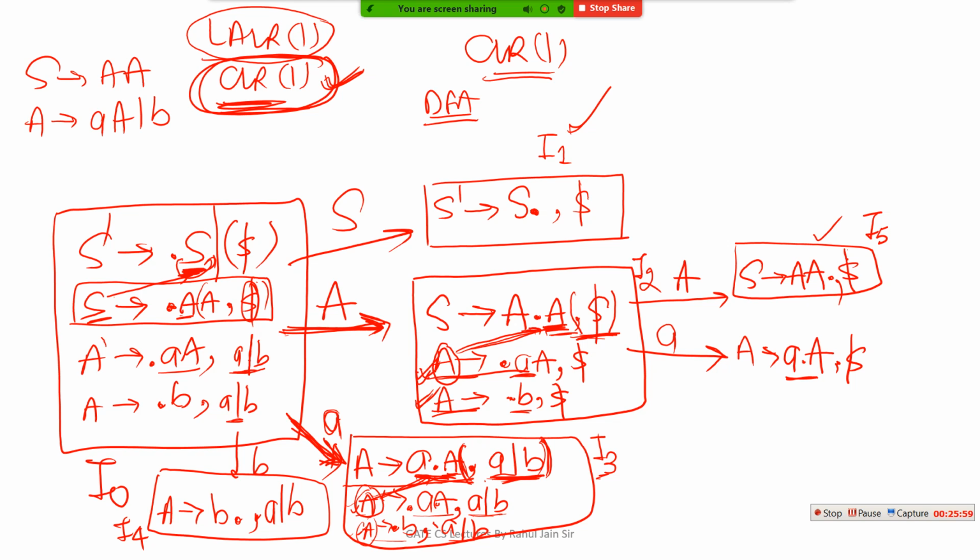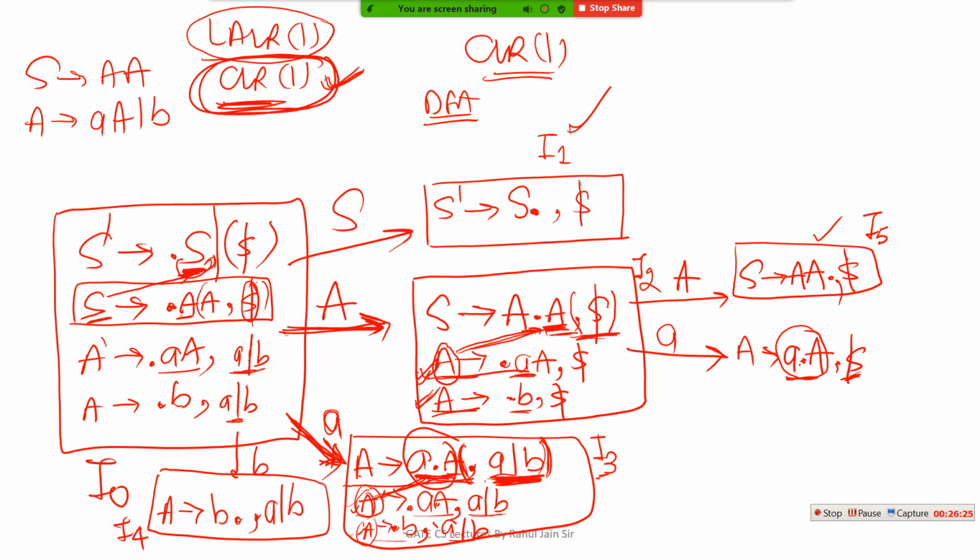Because here you can observe the look aheads of that transition are A and B, but the look ahead of this transition is dollar. The LR0 items are the same, but look aheads are different. And as I mentioned, if look aheads are different, then we need to make a separate state for the transition, right? So I have added another state for that.